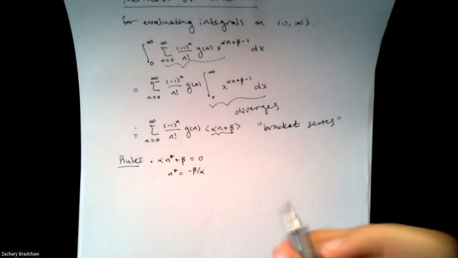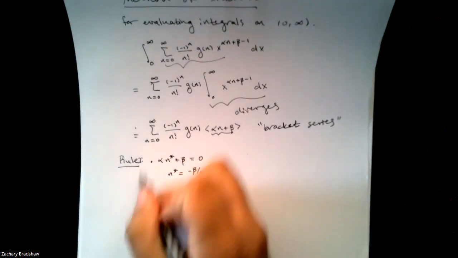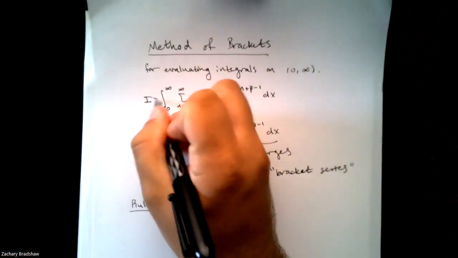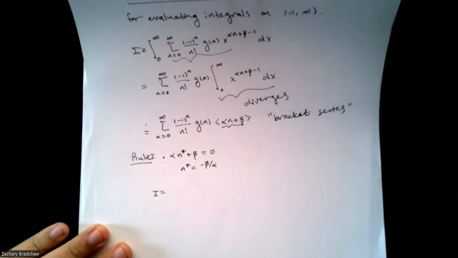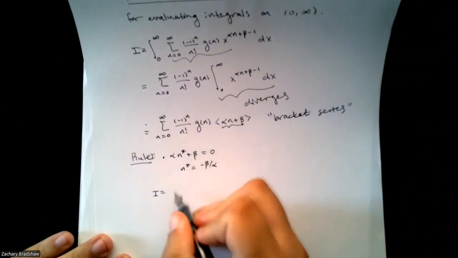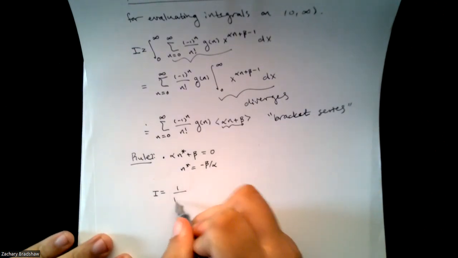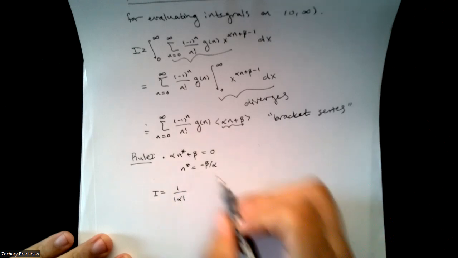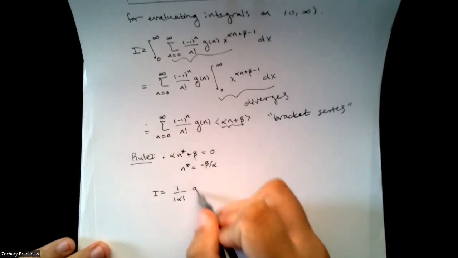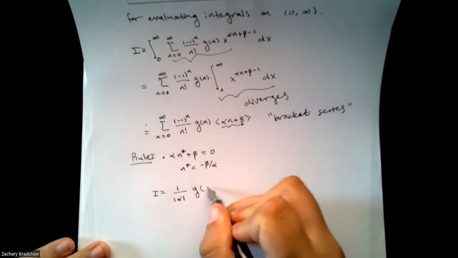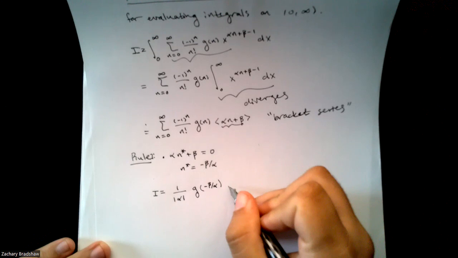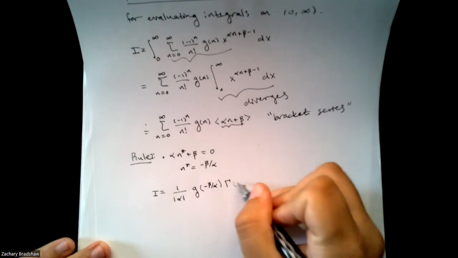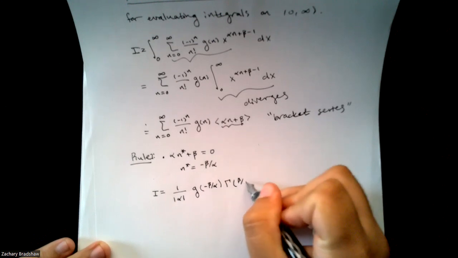Now, the second step is, well, let's call this integral I. The second step says that I is exactly equal to 1 over the absolute value of alpha times g of minus beta over alpha times gamma of beta over alpha.